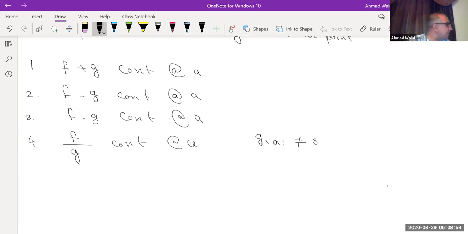Also, there is another interesting one that I don't have in my notes, but I saw in your book. They even talk about the composite function. They put a property like this for you.